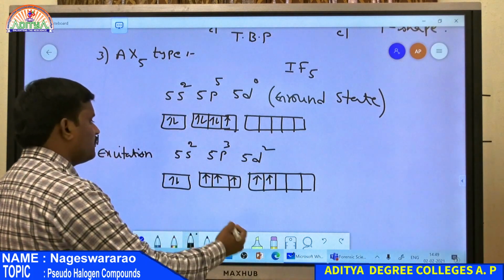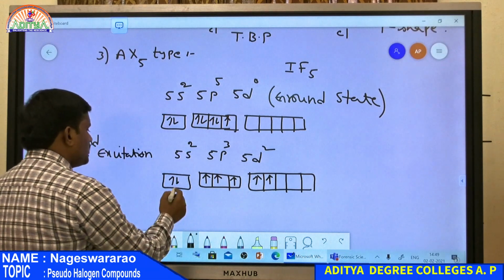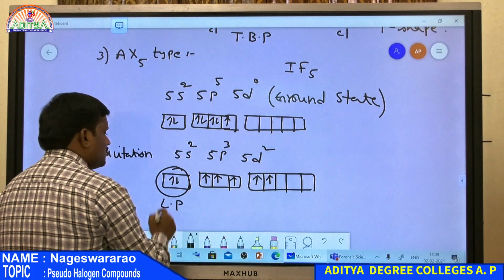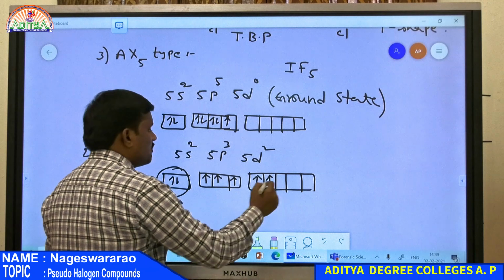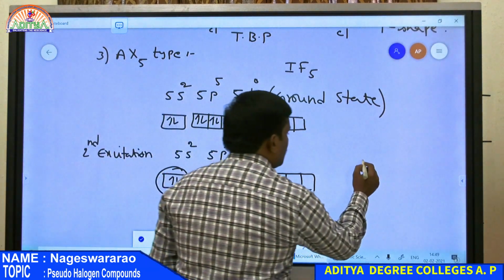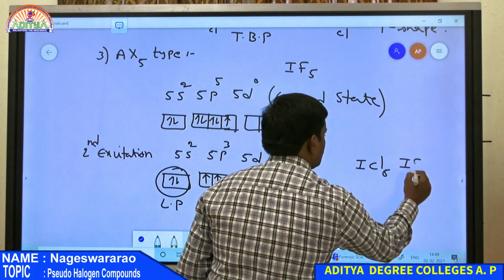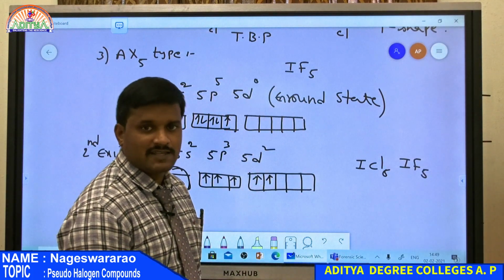So how many lone pairs of electrons are there? Here there is only one lone pair, whereas the unpaired electrons undergo bond formation with the halogens in ICl5 or IF5. There are 5 halogens, each having a single electron.